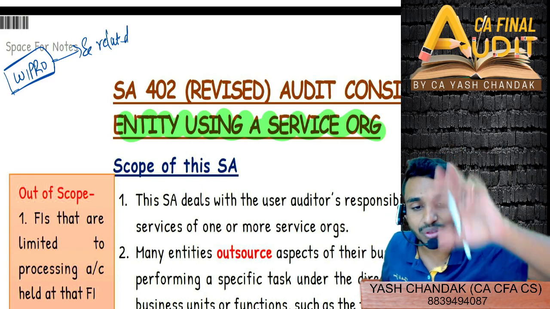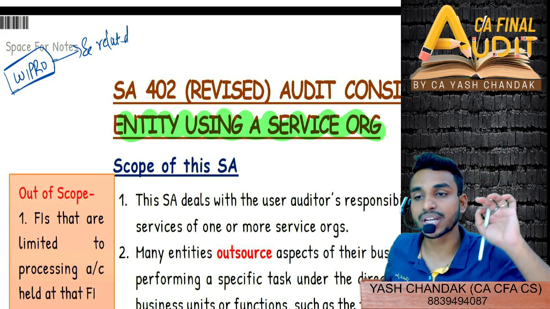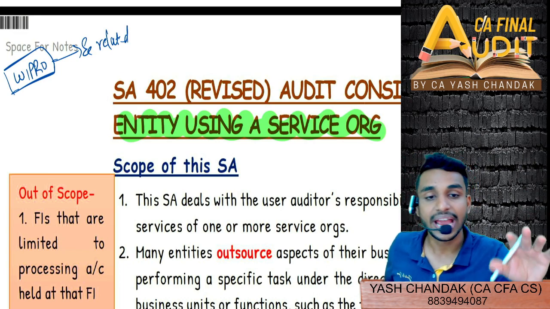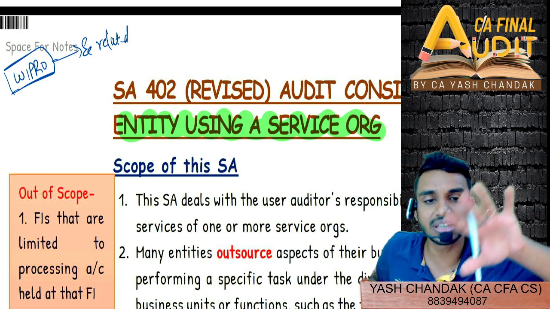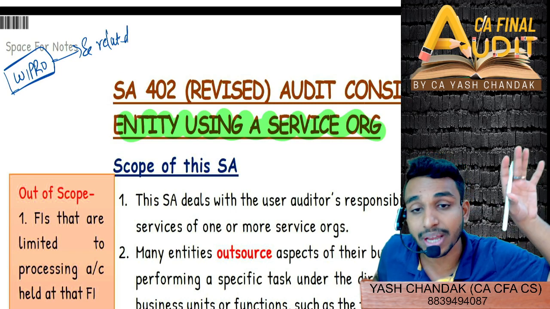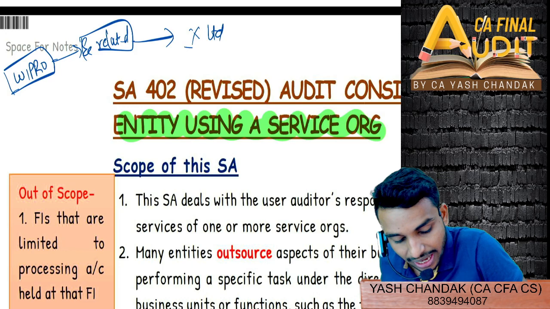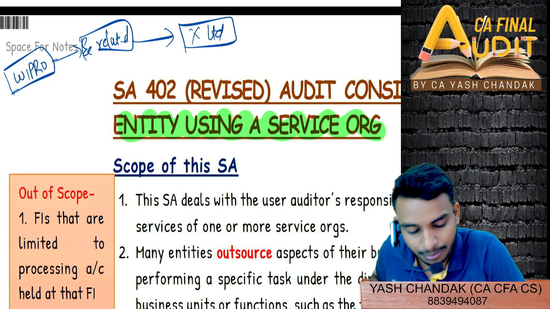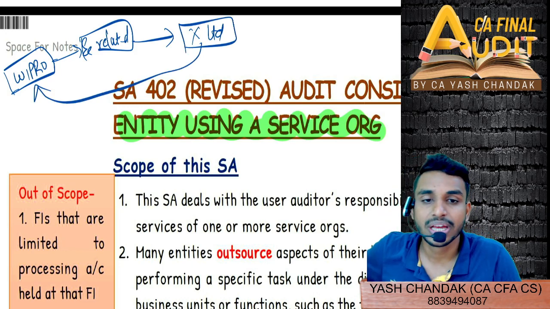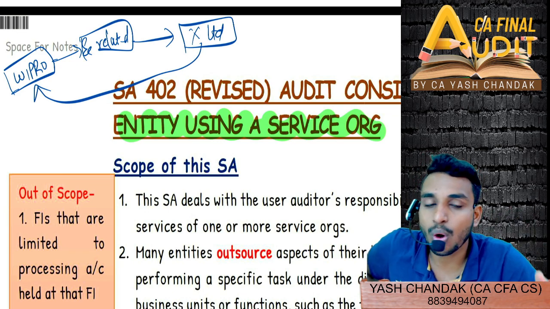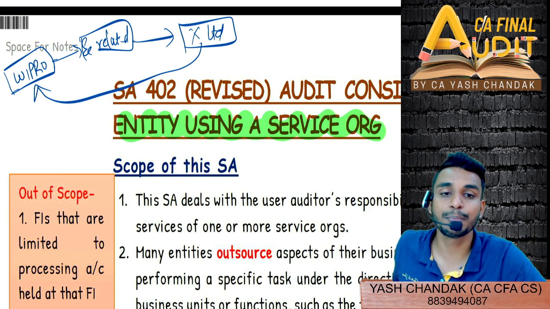They will simply send the statement: how many days the employee was present, how many deductions have to be made, PF deduction, and the amount to be paid to the employee. Everything will be managed by the other entity, suppose X Limited. They will simply give the report to Wipro regarding everything, and Wipro will make the payment. So that is now a major expense as well, employee related expense.